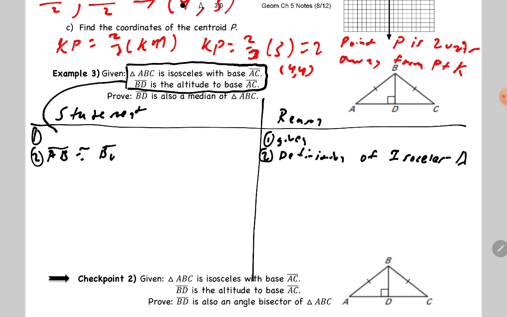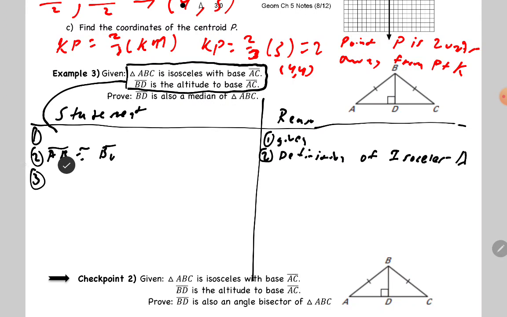So to show that BD is a median, we need to show that AD is congruent to DC. So we need to show this is the same as that. Let's see how we can get there. Probably we're going to prove that the two triangles are the same. They also give us that BD is the altitude.